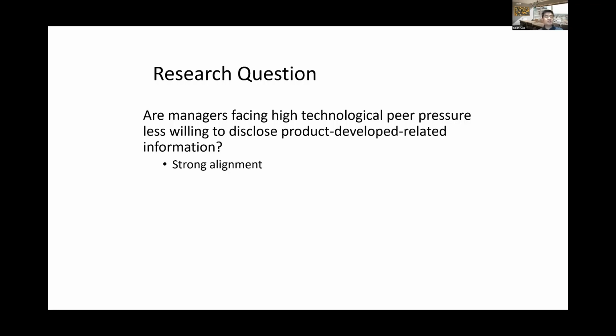So let's just repeat it one more time. The idea here is, we want to calculate the competitors of companies: how similar are their technologies to the company's? If their competitors' technology is very similar, and they disclose the future product, the product will be easily copied by the competitors, so they should not disclose that.